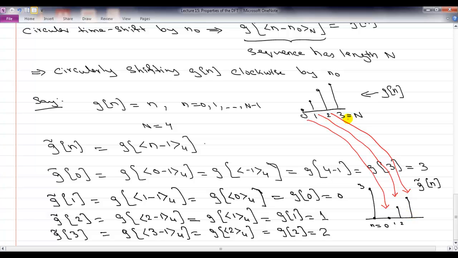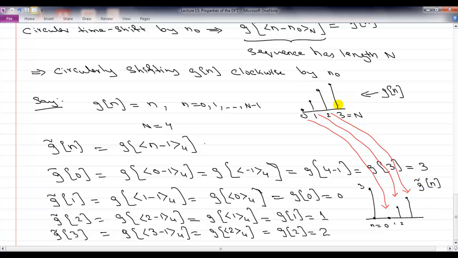But the issue is that your capital N goes up to 3. So if I shift the little n equal to 3 point to the right, I get a number which is bigger than 3. In the circular shift world, I'm not allowed to go beyond the length N.